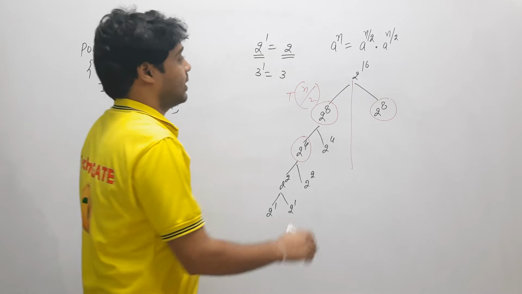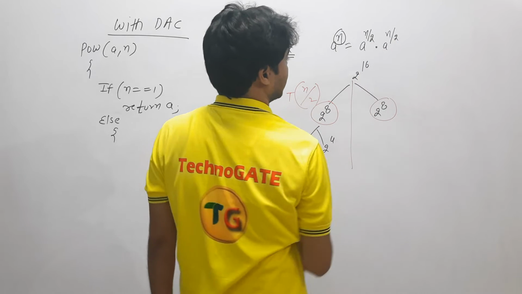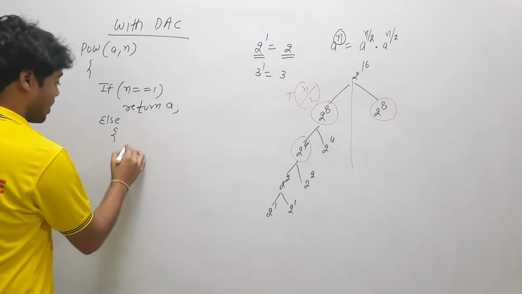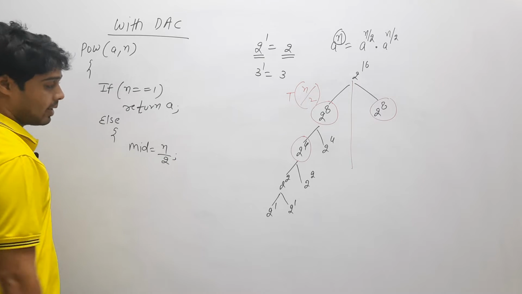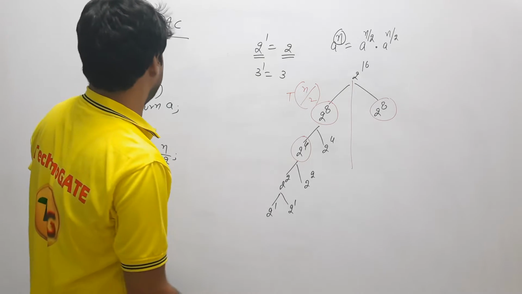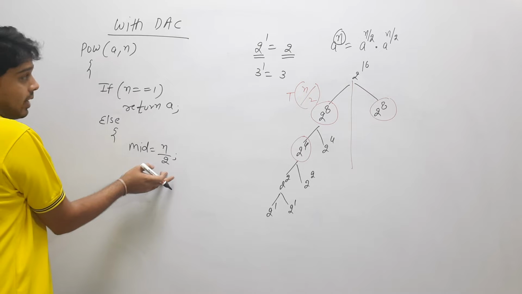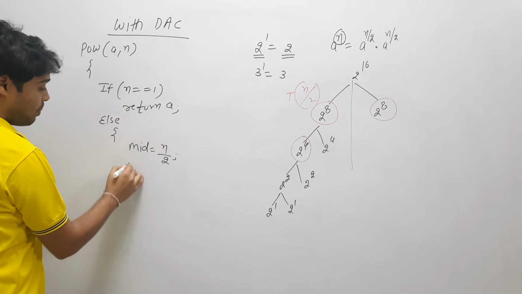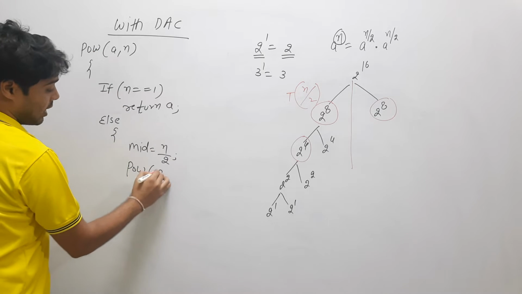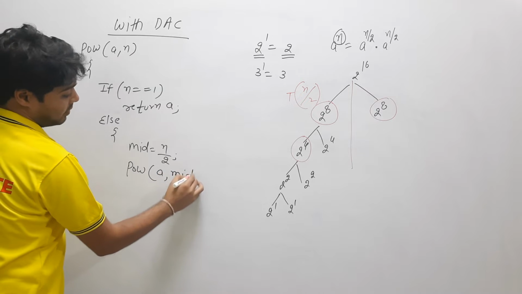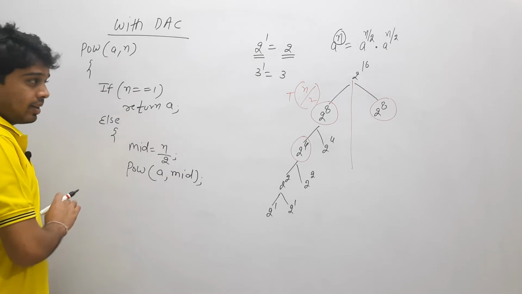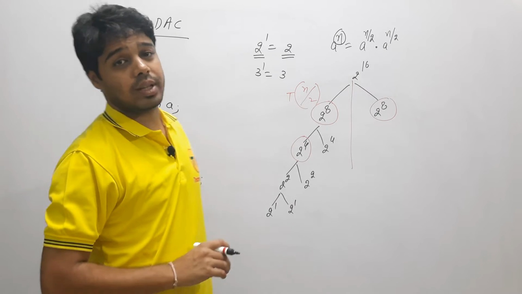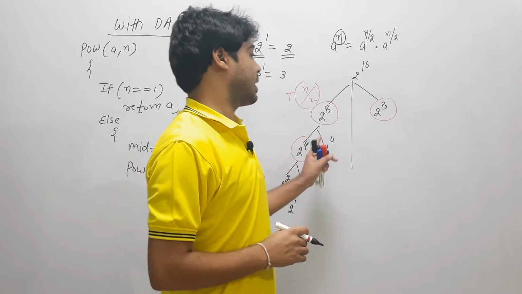Else, divide the power. So divide n into 2 parts, so the midpoint is the n by 2 element power. Now again n becomes n by 2, so we again find the power for a comma mid. After this, the solution is returned, and we want to store the solution, because we require it for this part.